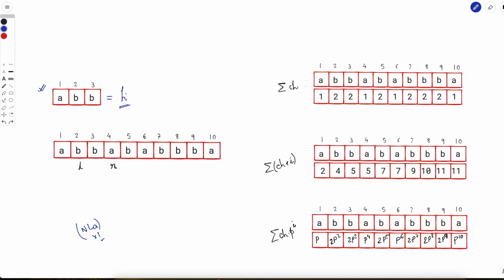So for finding out h, you can have different ways. It's just a mathematical representation for this given string, right? So you can have any mathematical expression that can convert the string into an integer. An expression could be the summation of all the characters.